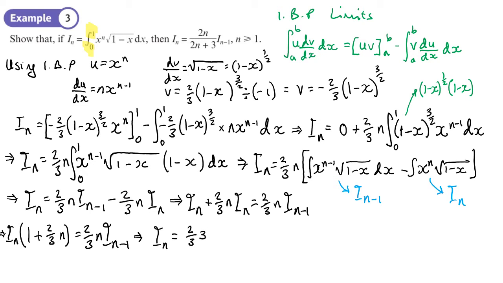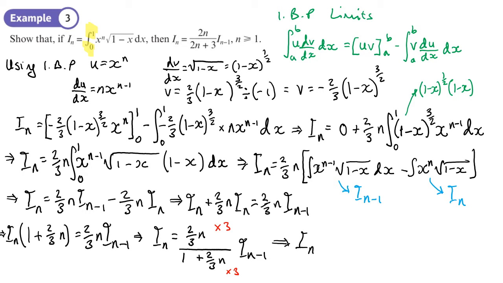Divide both sides by 1 plus 2/3 n. So I sub n equals 2/3 n over 1 plus 2/3 n, times I sub n minus 1. And then what we'll do with this fraction here is if we times the top and the bottom by 3, I think we get the required form.